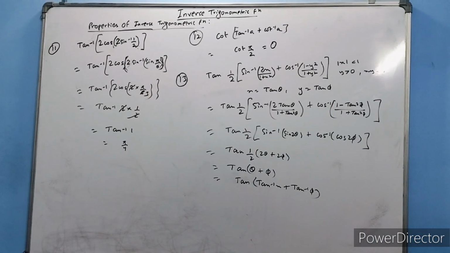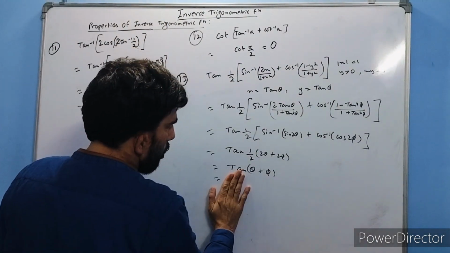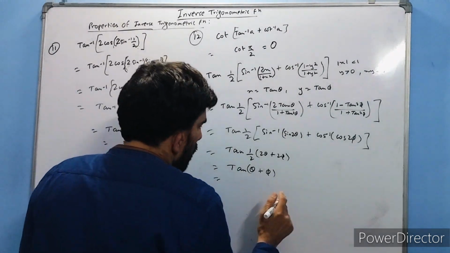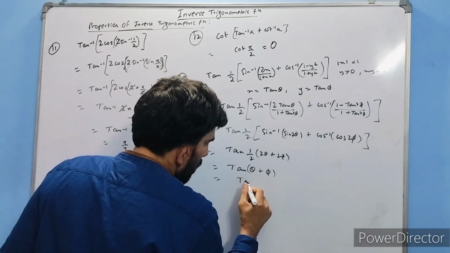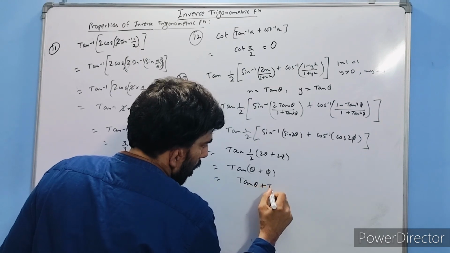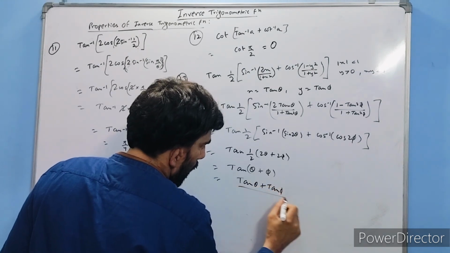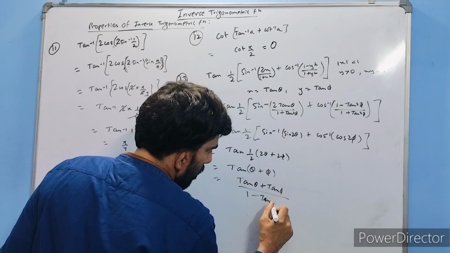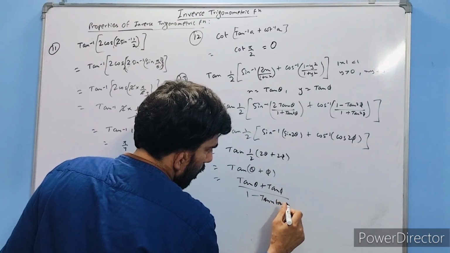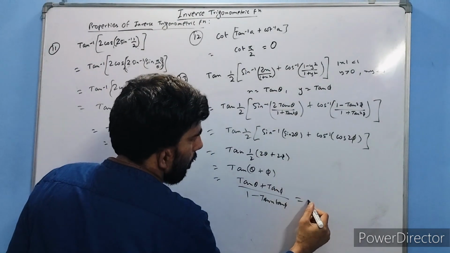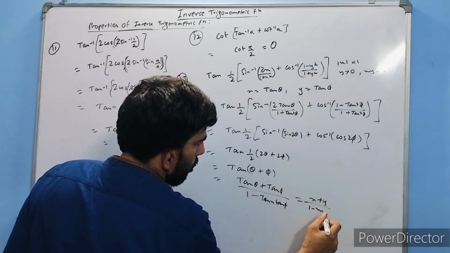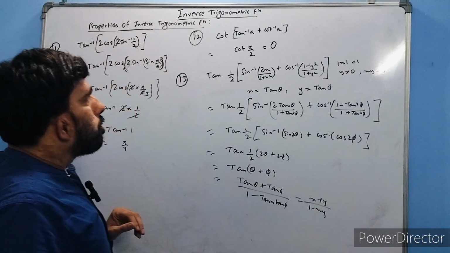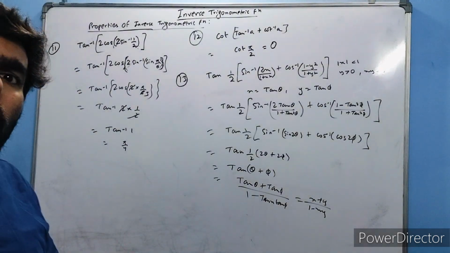Instead of using this, we can find the formula for that. Tan of x plus y will be tan x plus tan y upon 1 minus tan x tan y. Now we know that tan theta is x, so we can say x plus y upon 1 minus xy. So that is how we are able to solve.